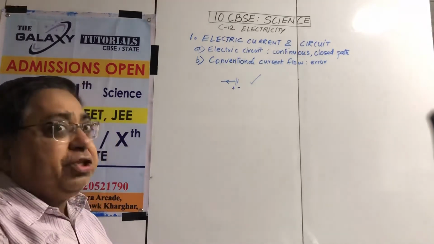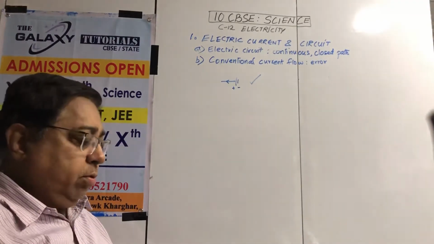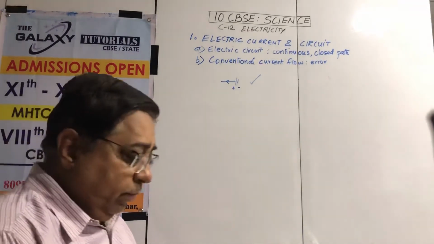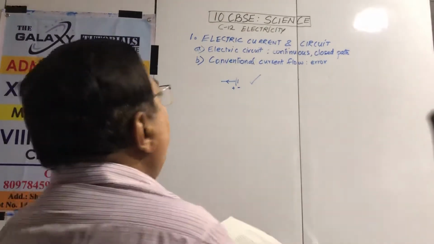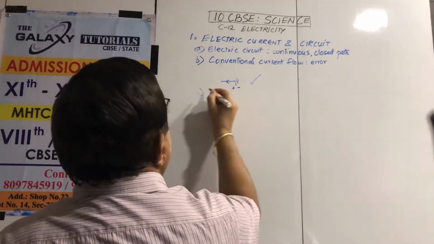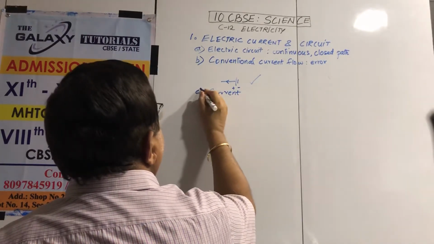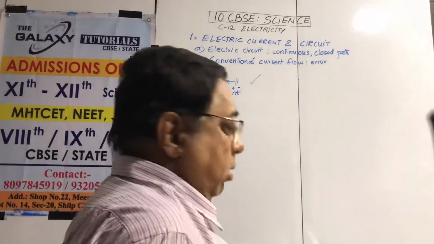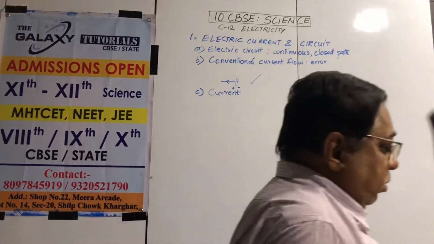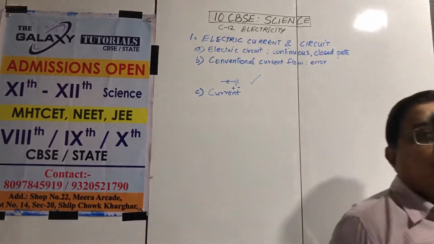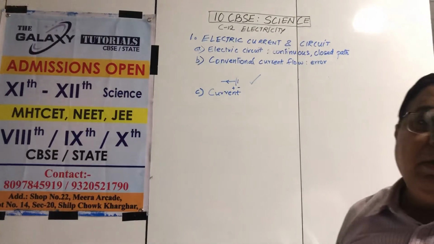So that is conventional electric flow, what was there in the past. Second, what is current? Current is the flow of electrons through a conductor.